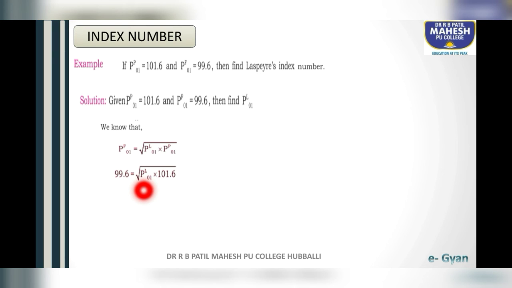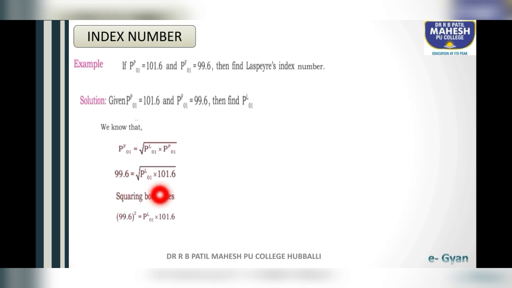What is the next step? You square both sides. After squaring, this becomes 99.6 whole square, and the square and root get cancelled. What remains is P01 of Laspeyres into 101.6. Then take this 101.6 to the LHS side.